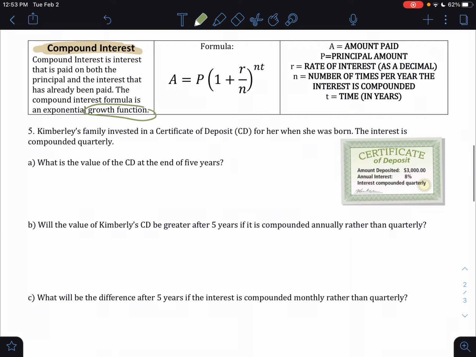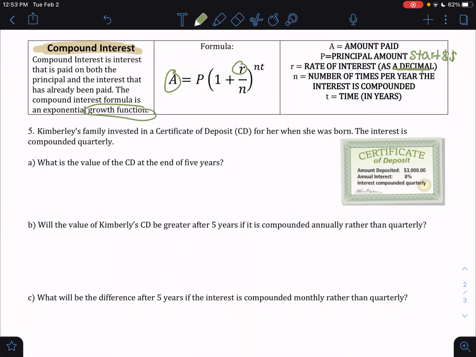So we have growth, so we are adding here. We have some new variables. A is the amount paid, P is the principal amount, and that just means the starting amount, what we start with. We have R, our rate of interest, again as a decimal.